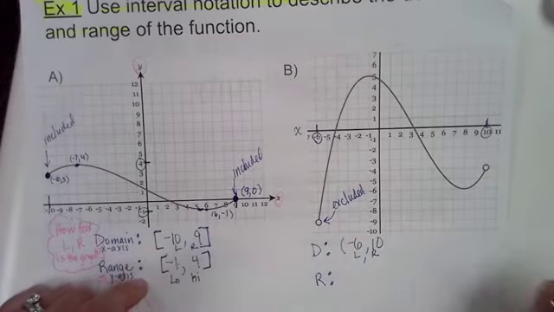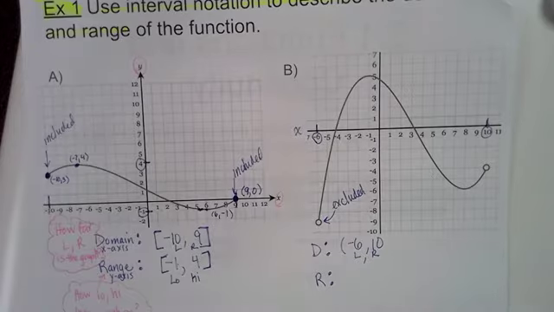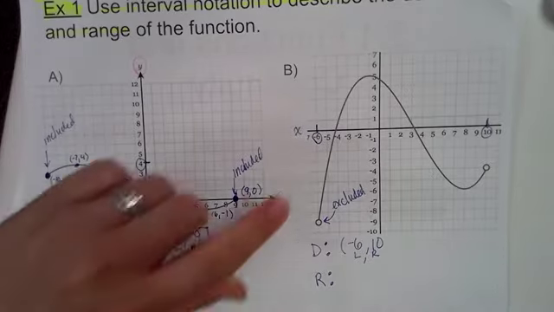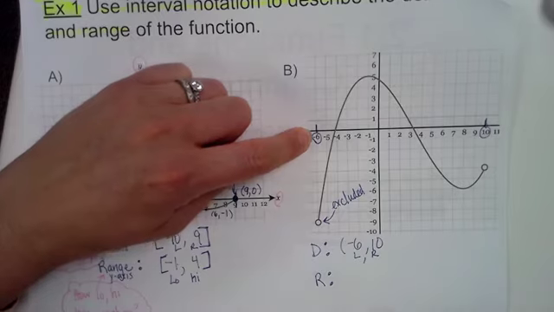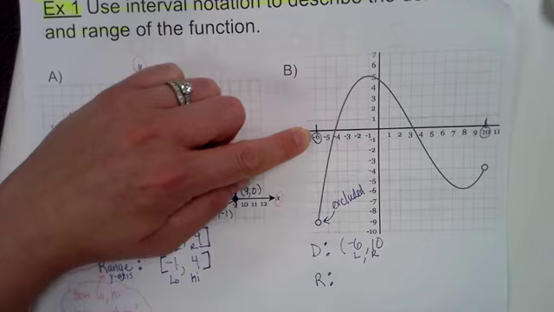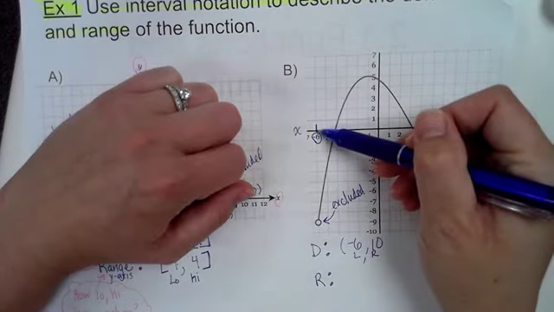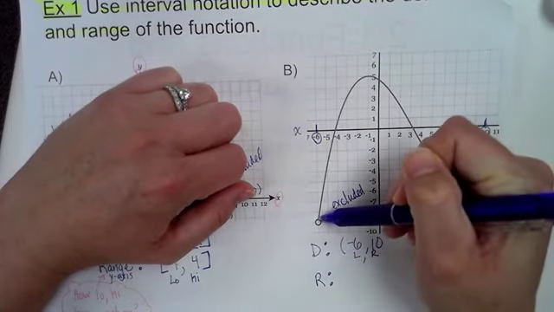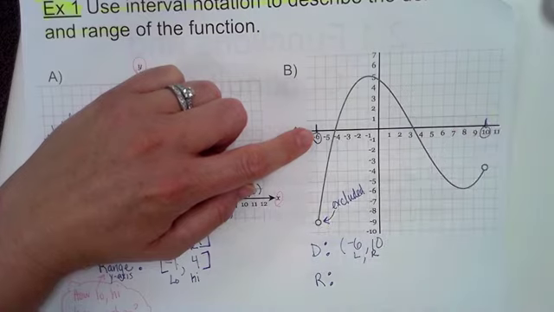Instead, we use parentheses anytime a point is excluded. We're not allowed to equal it. That means negative 6 is not an answer. But negative 5.9999999999999 is. Okay? Infinitely close to negative 6 on this right-hand side is a value that gives us an ordered pair, but negative 6 does not work.